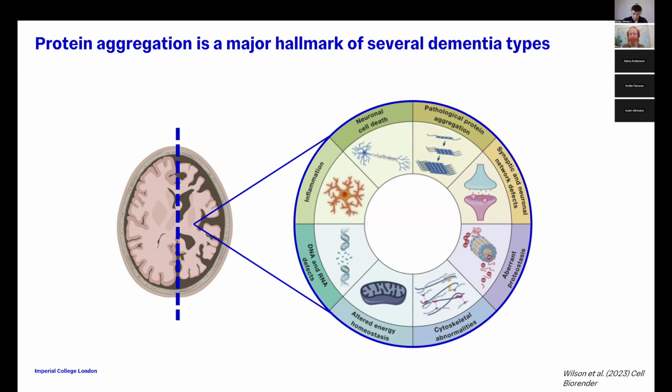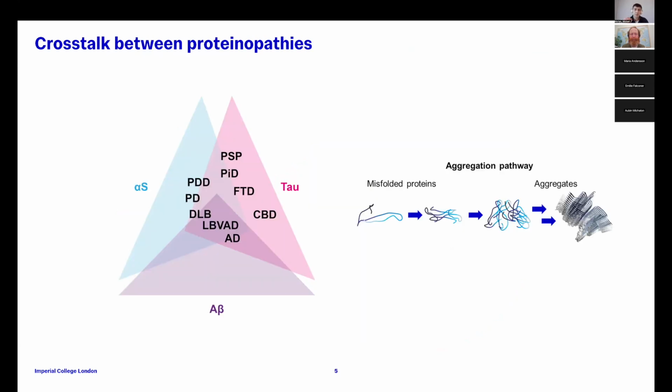They are responsible for triggering inflammation pathways. They, again, disrupt synaptic function, and all this overwhelms the cells and causes this loss of neurons in the brain during the progression of these diseases. And it's really important for us to look at how these are connected, but also, in a way, it just goes to show how complex these diseases are.